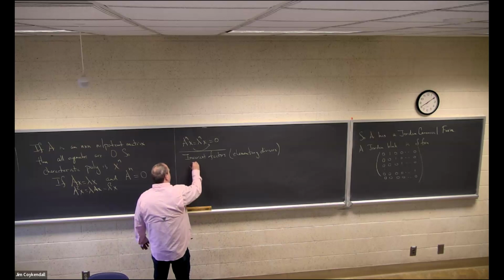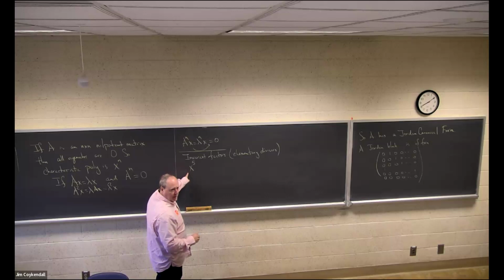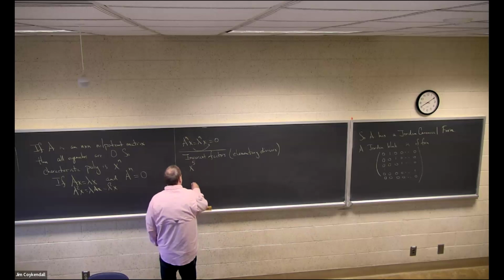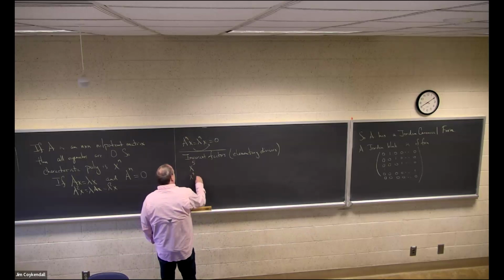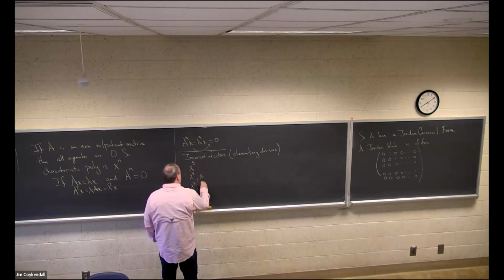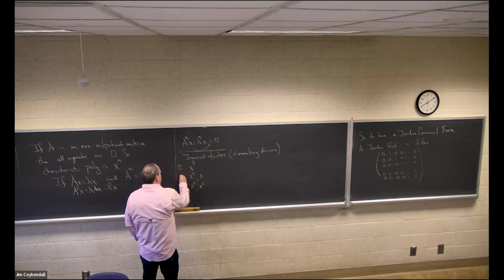So it could be x^5, right? That's the only way to be one of them. And remember, the product of the invariant factors needs to be the characteristic polynomial. So you have x^4 and x, x^3 and x^2.